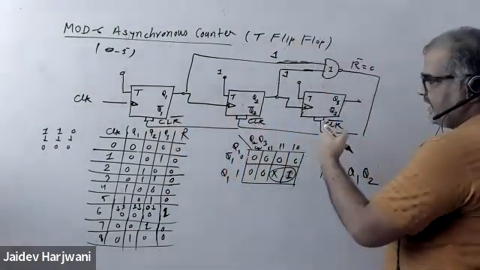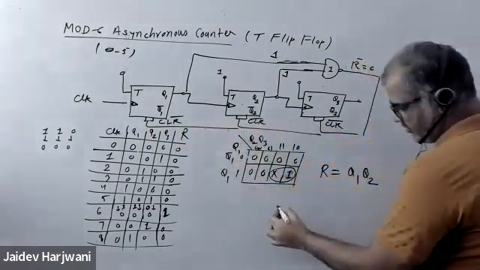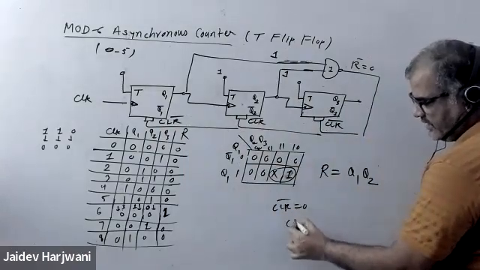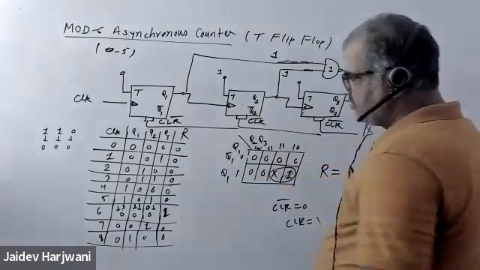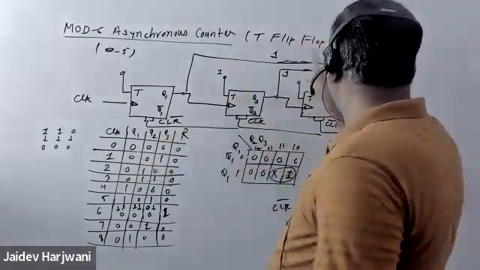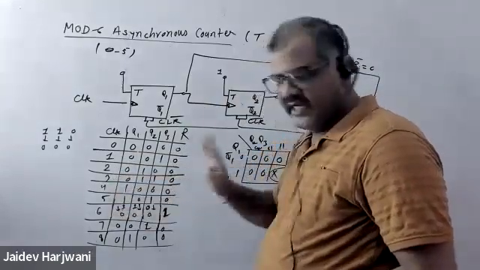In order to make a reset, you need to give 0 to this clear bar. Clear bar 0 means clear is 1. So only when you give 0 will it reset. Even though you are putting this q1 q2 value here, for this term, this term, this term, it will not reset.